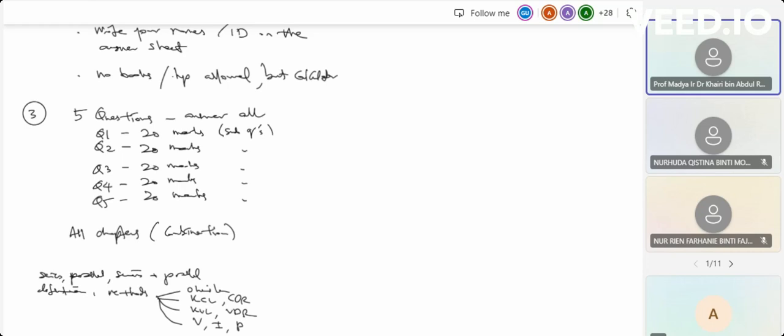So you also have the theorems that you've learned. What are the theorems? Over here you also have branch current, mesh current, what else? Nodal analysis.